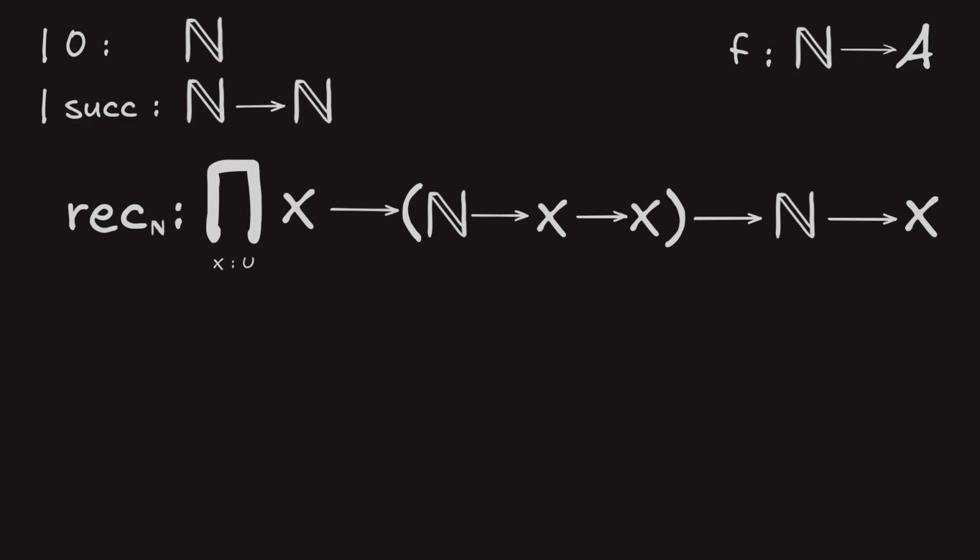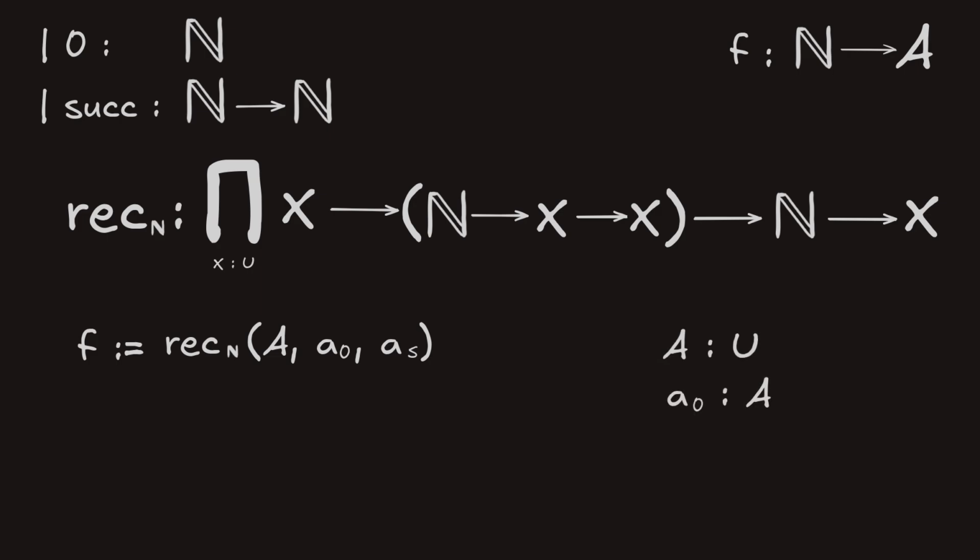Okay, so the recursor is a very complicated function, but how exactly does it work? Well, suppose we wanted to construct a function f from n to a. In that case, we can define f to be equal to rec n a0 as.